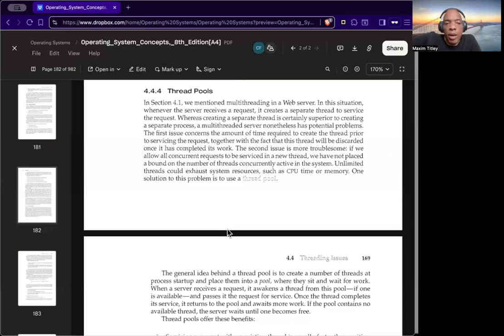In that case, we can have thread pools, which will create a certain number of threads. And in certain cases, also, when certain threads are finished running, more threads can be spawned from the exact same pool, okay?